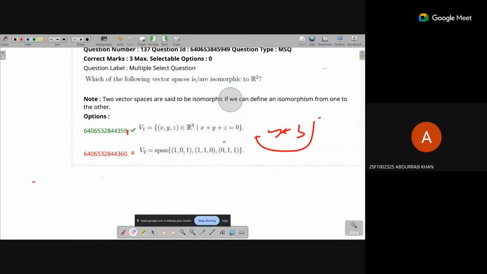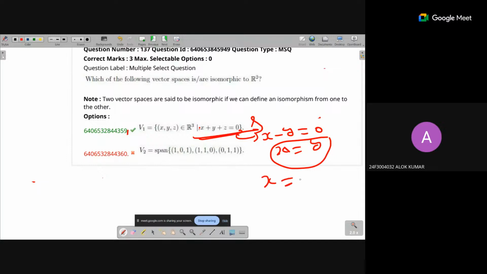Suppose x plus y plus z equals 0 is given, and also x minus y equals 0. If both conditions are given, then x is equal to y and x is equal to minus y plus z. Now check the number of independent variables. Forget the z; just x minus y. Only this was the condition given.